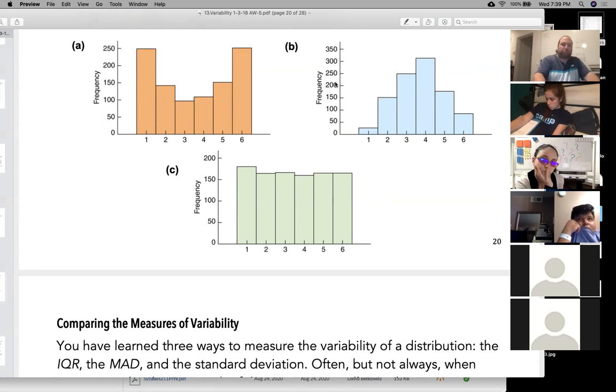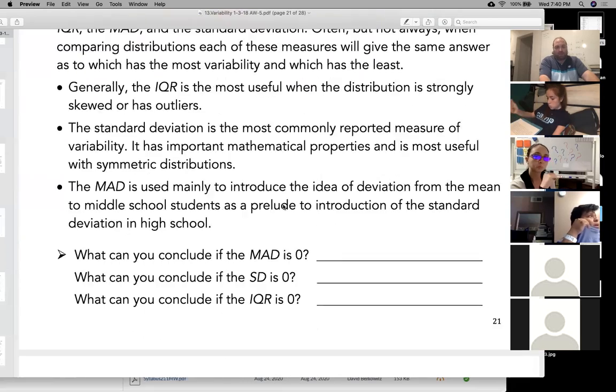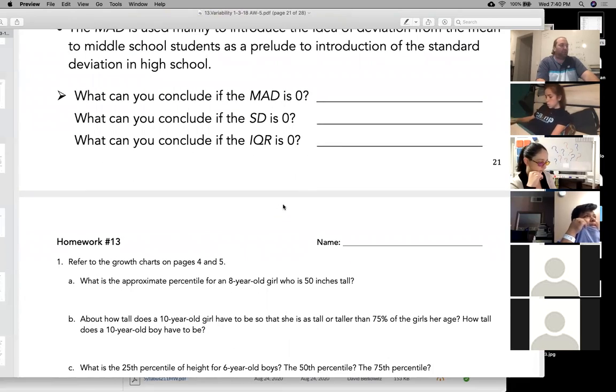So you should be able to look at a graph and have an intuitive understanding of how big the standard deviation is compared to another graph. Large because the values are really far from the mean, small because the values are for the most part close to the mean, and somewhere in between because the values are just all over the place. And that's it for chapter 13.